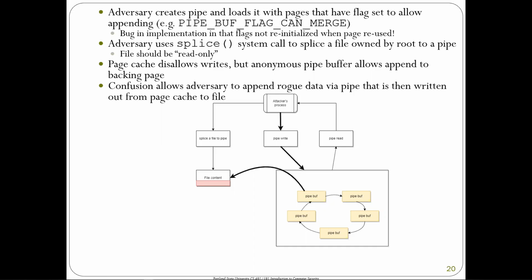I just wanted to explain this. There's an article that does a deep dive into the kernel structures that allow this to happen. I don't want you to have to read that, but this is effectively the bug, and it's just an implementation bug. The fix is super simple. You just clear this flag whenever you're done with those pages.